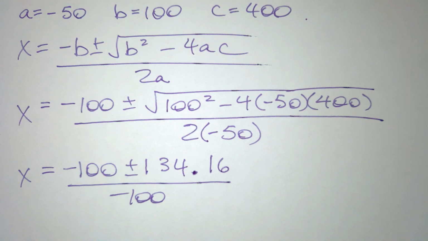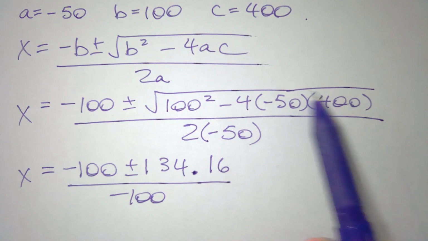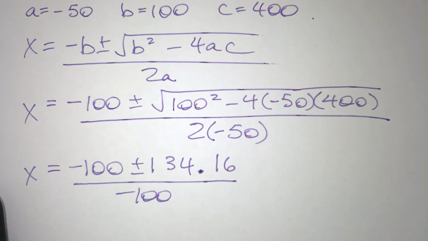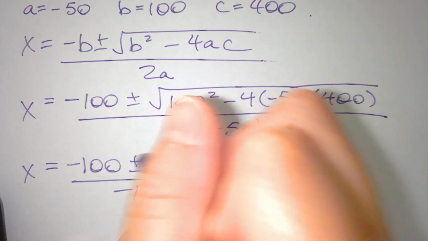I just did the quadratic formula. I did this part in the radical. Is it not plus or minus? Did I make a mistake? Oh yeah, 100 squared minus 4 times negative 50 times 400. Oh, yes. Thank you.